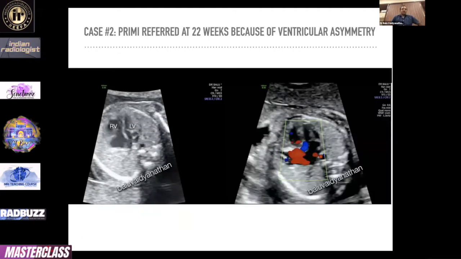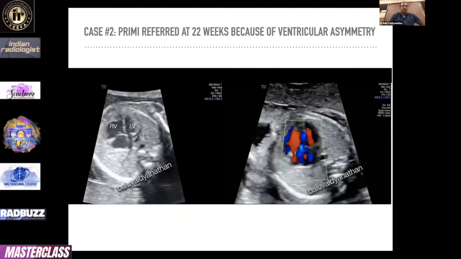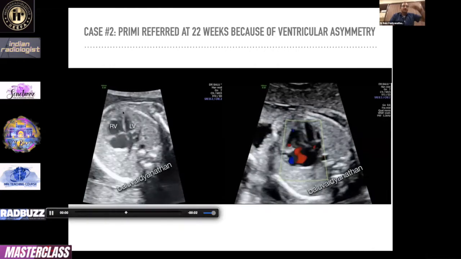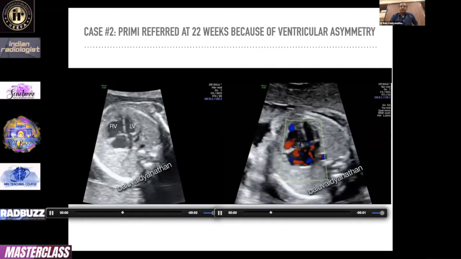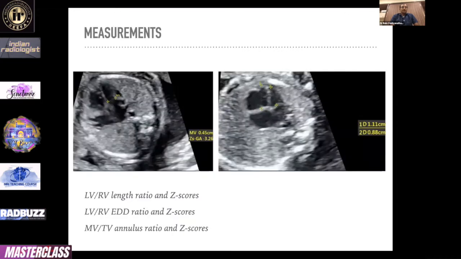Now, the final example in this series again looks like a ventricular asymmetry. You can see that the LV is smaller, but clearly reaching up to the apex. There is the patent mitral valve inflow in this picture. The mitral valve looked small, but the LV was actually reasonably okay.